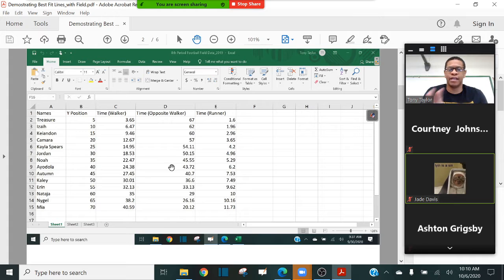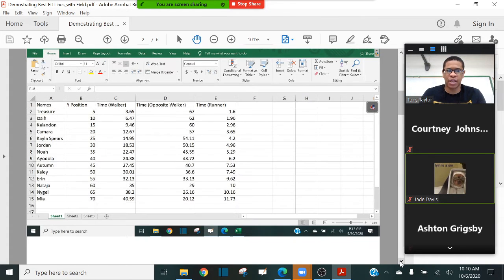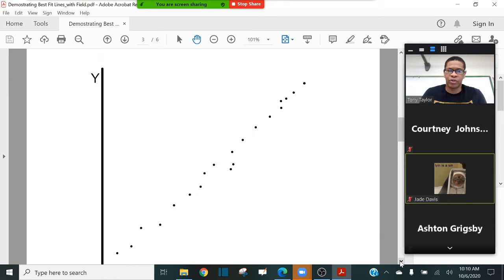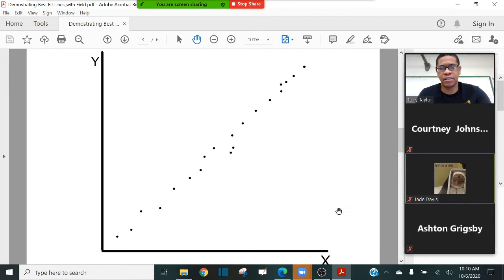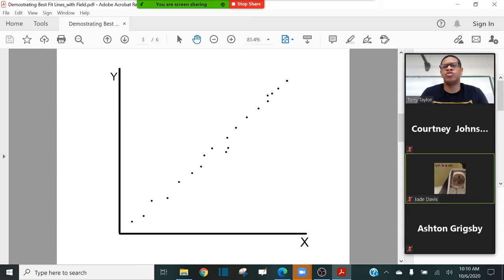Once you take this data and plot it out on a graph, for example the walker's data, you will get something that looks like this. Again, we're assuming we're plotting position on the y-axis and time along the x-axis.